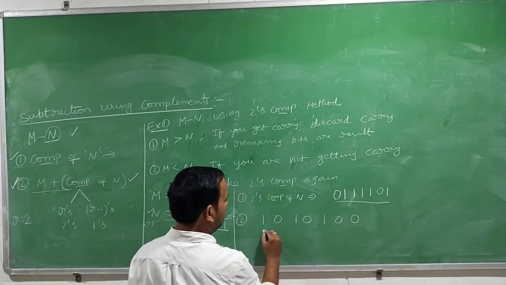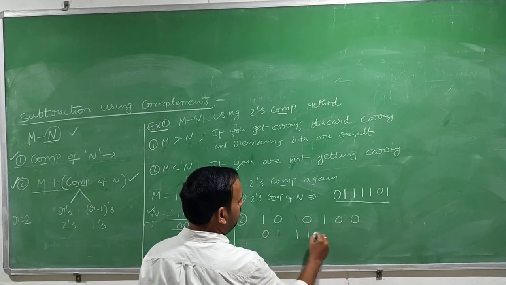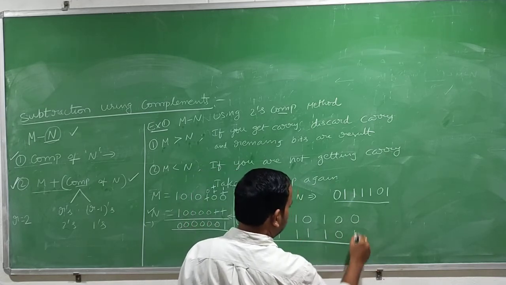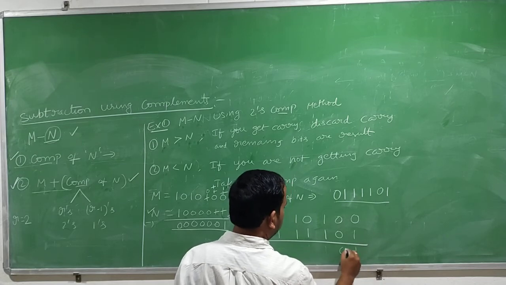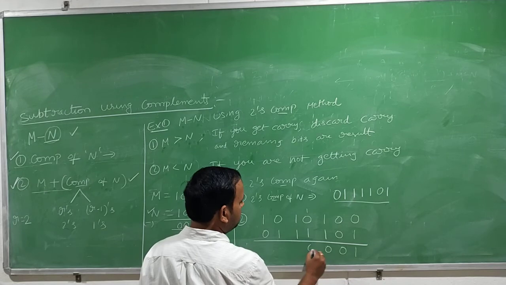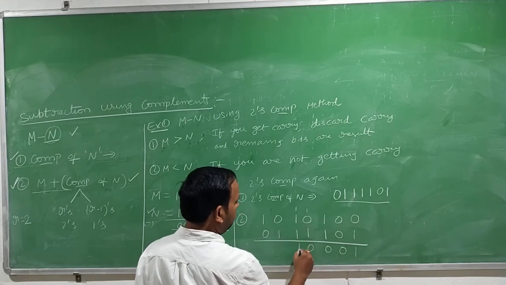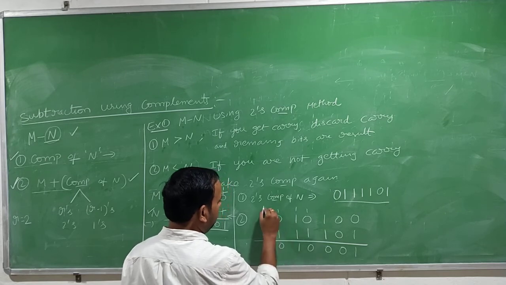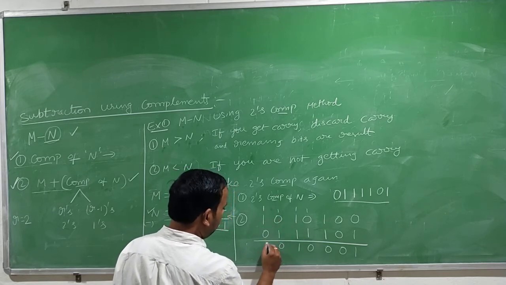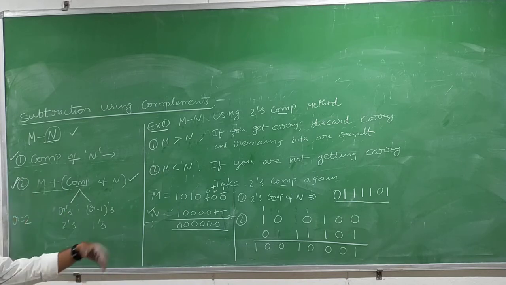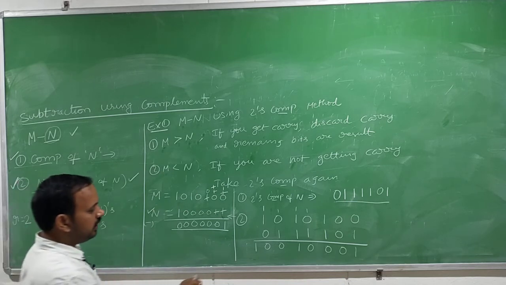This is 0 1 1 1 1 0 1. Now add this: 0 plus 1 is 1, 0 plus 0 is 0, 1 plus 1 is 0, carry 1, 1 plus 1 is 0, carry 1, triple 1 and carry 1, 1 plus 1 is 0, carry 1, 1 plus 1 is 0, carry 1, right?